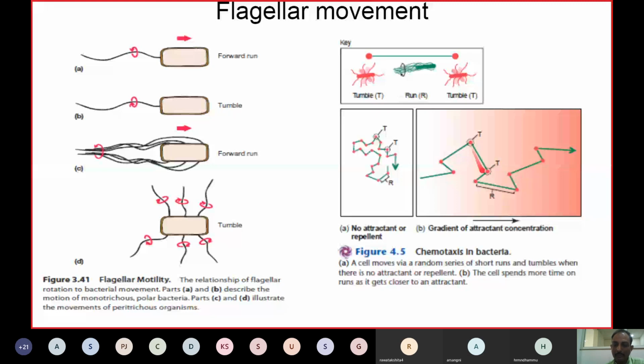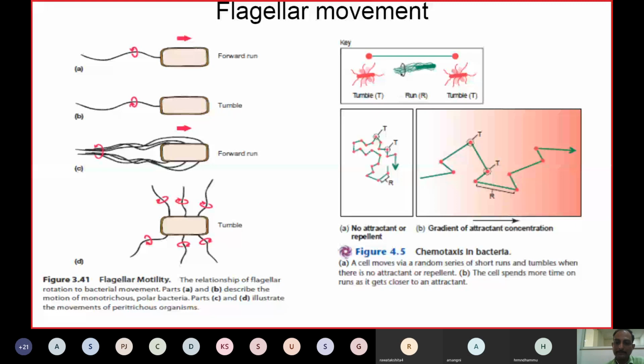This happens when the bacteria is moving towards the attractant. Attractant means the chemical substance which is guiding the bacteria to move towards it, because it will be a source of energy. For example, if glucose is present in a medium, the bacteria move towards glucose.